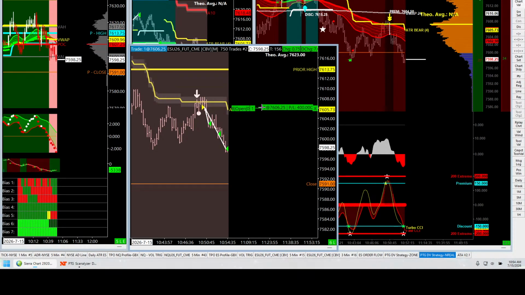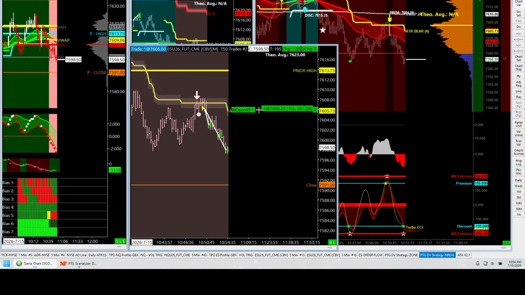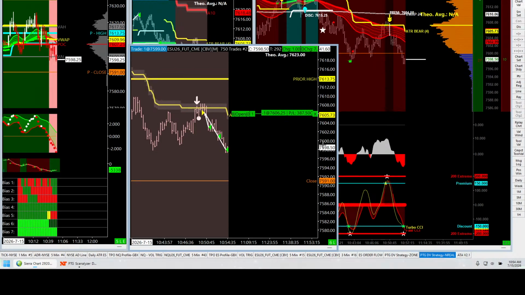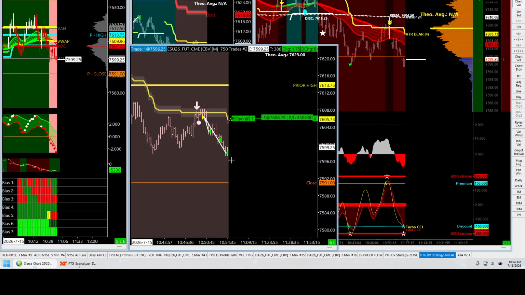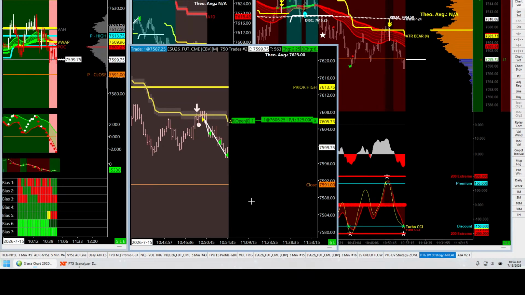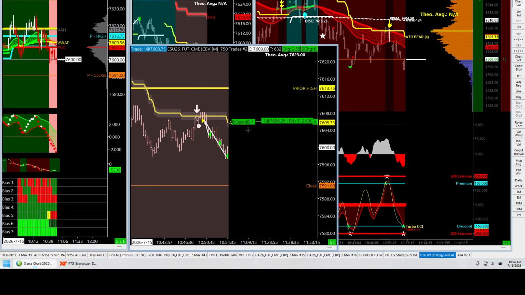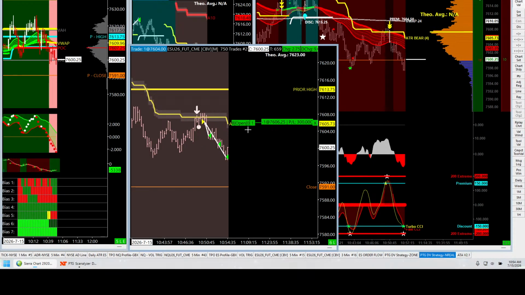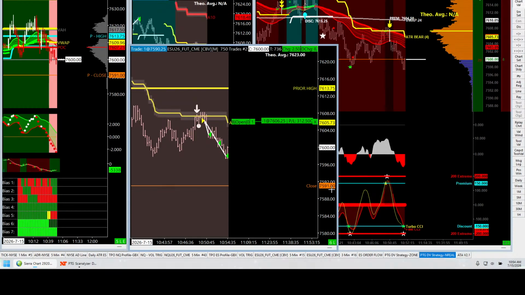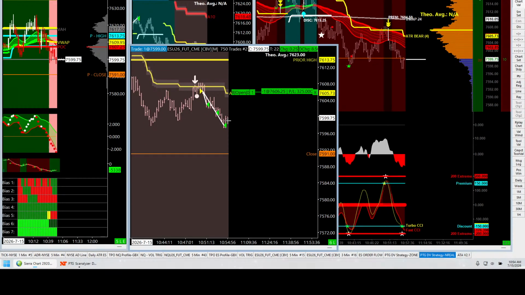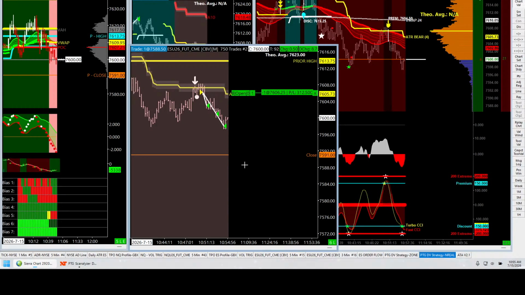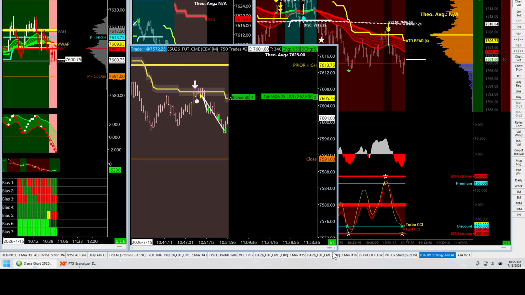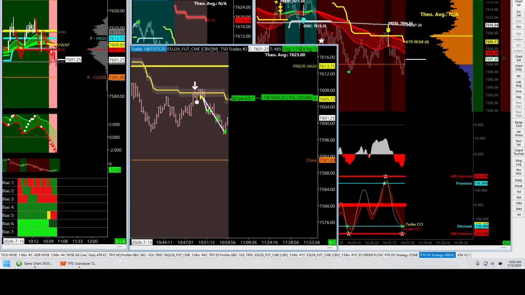Now I have my stop at break even. So again, same plan applies. If we get a runner, a hard breakdown here, that final contract will just be the bonus. If it comes back up and stops out just like we did earlier on the A10, I'm okay with that.